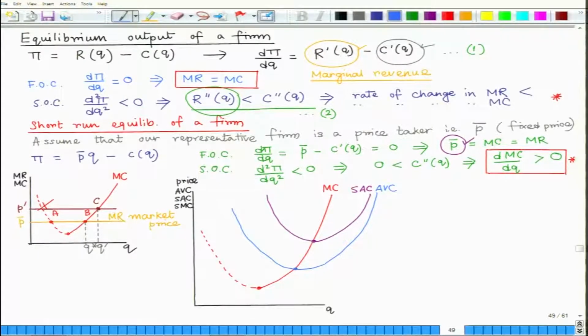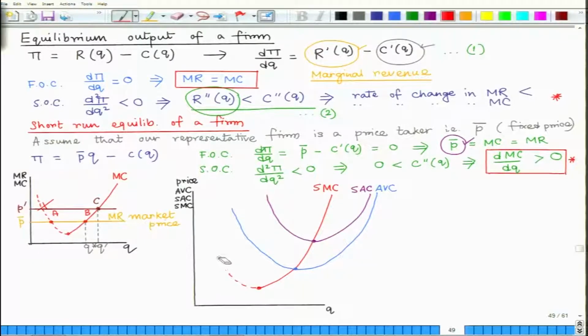Here I start by saying that although the complete diagram has a U-shaped short run marginal cost curve, but as we have seen in the perfectly competitive firm's case, the second order condition rules out this falling part of the short run marginal cost curve. We can ignore that.